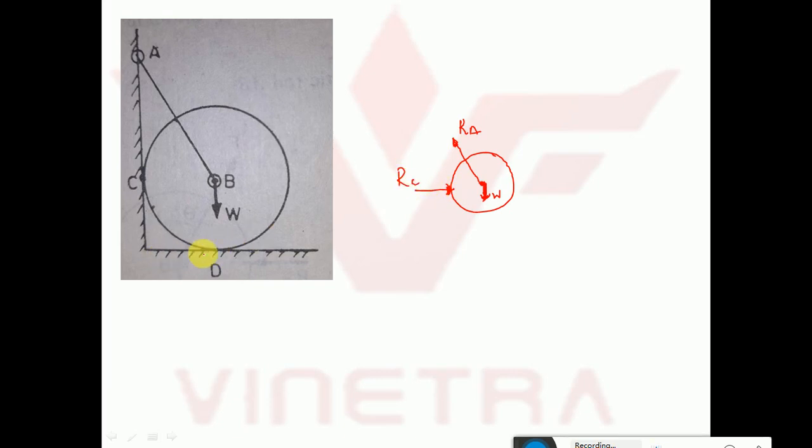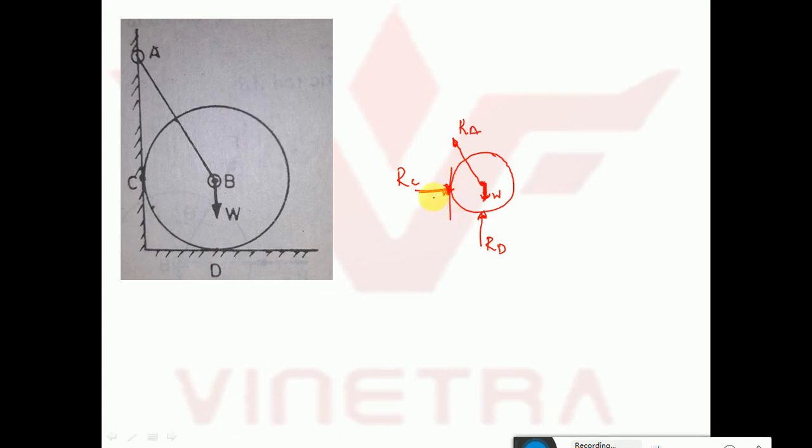One more support is given at the bottom here. So due to application of force, an equal and opposite reaction, in this direction, this RD will act here. So see here, the body should be in equilibrium, right? So this is the support reaction developed here.